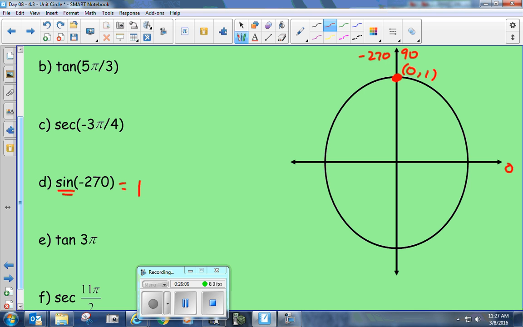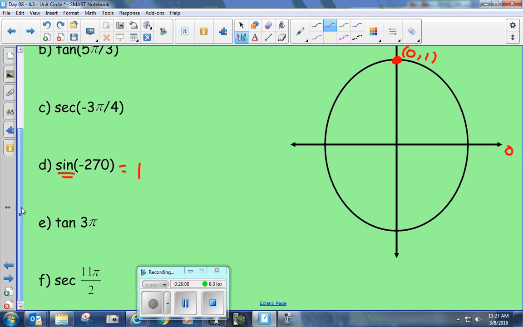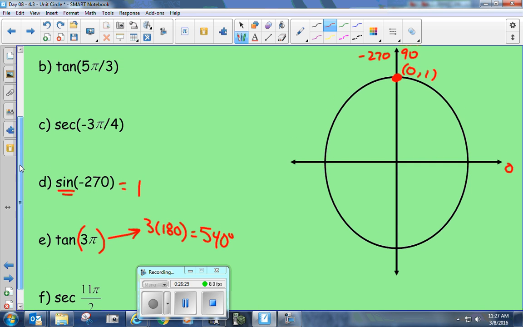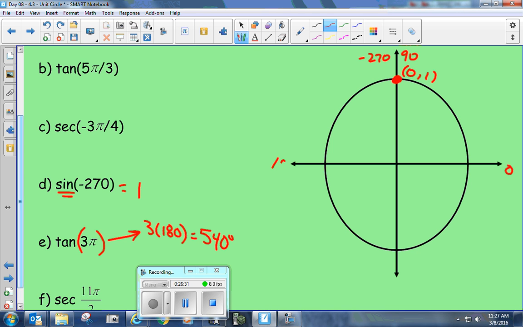Now, the tan of 3 pi. Let's put that into degrees. That's 3 times 180, right? Which would give us what? 540 degrees. Now, how do we do that if we have 90, 180, 270, and 360?